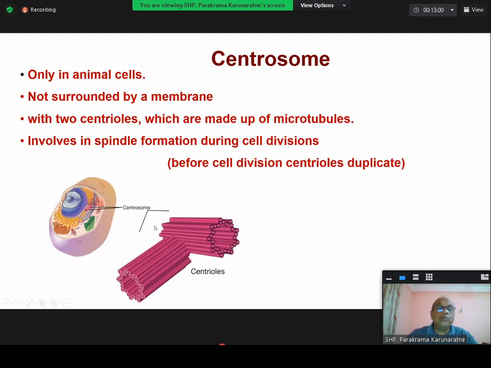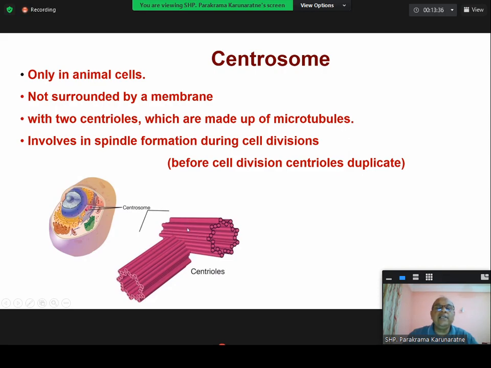So the centrosomes are made up of two centrioles. There is only one centrosome usually. They can duplicate during the cell division. I will tell you that later. The centrosome, only one, is made up of two sub components. They are called centrioles. These two centrioles are situated at right angle to each other.